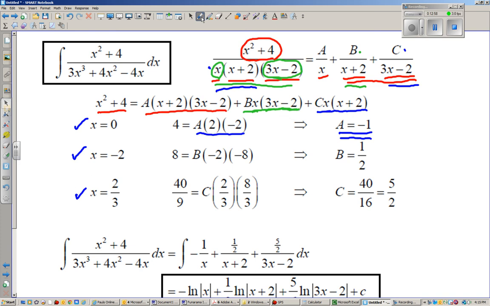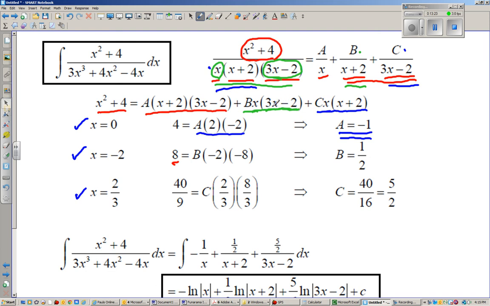And then do it again. Do it again with the next 0 of the common denominator. If you put it in the right side of the equation, won't you get 4 plus 4 or 8? And then if you put negative 2 into this term, it would go away, right?